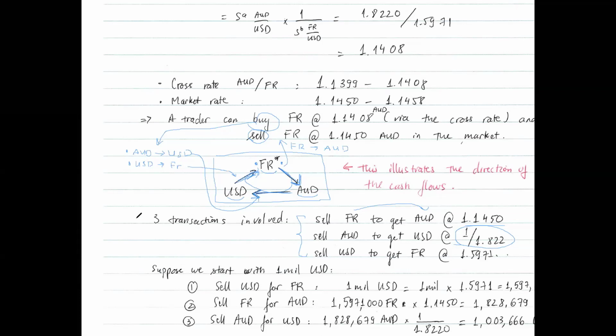Now, once we get here, we have solved half of the problem, right? The second half is just to rearrange the transactions to fit with our starting position. So suppose that we are an arbitrager from the US. We start with our own currency, which is the USD.